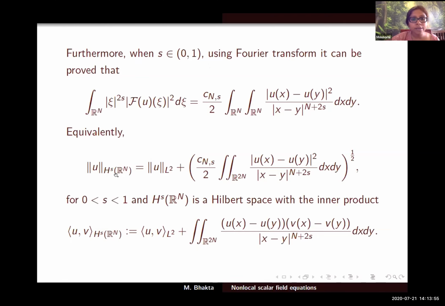Equivalently, one can write the H^s(R^n) norm as the L2 norm plus the Gagliardo norm. H^s(R^n) is a Hilbert space for s in (0,1), and also for s greater than or equal to 1. When s is in (0,1), you can write the inner product in H^s as the L2 inner product plus this term, coming from the Gagliardo norm.